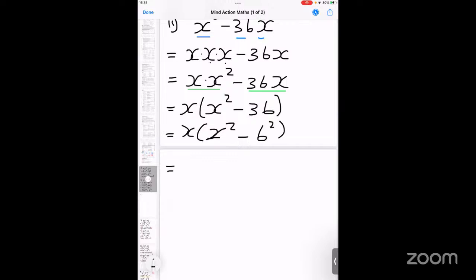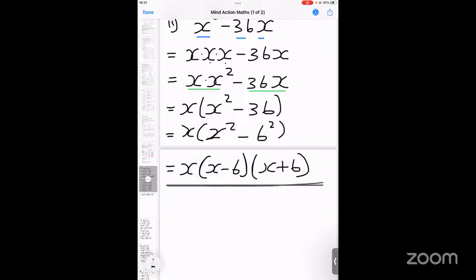Equals x, open bracket, x minus 6, close bracket, open bracket, x plus 6, close bracket. Now it's a done deal. Exactly that.